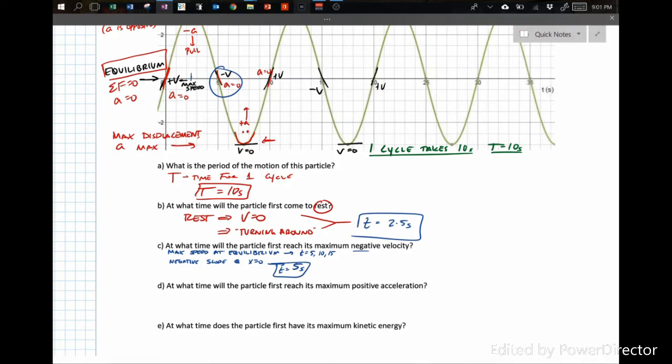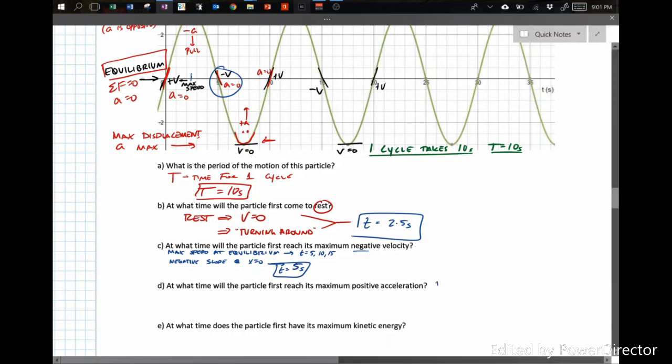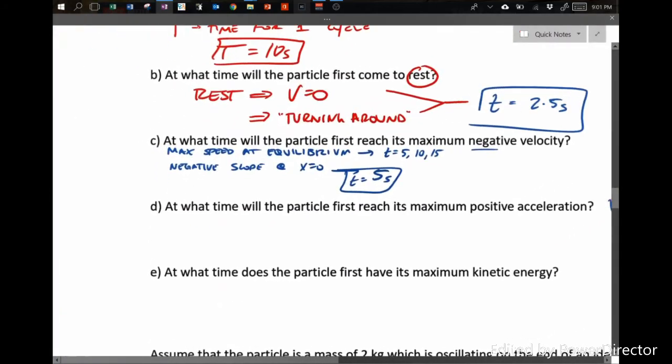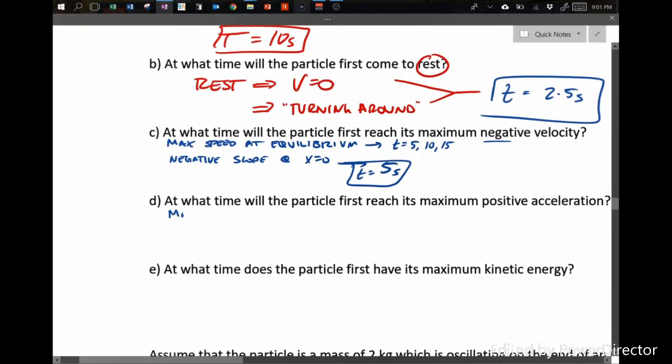At what time will the particle first reach its maximum positive acceleration? So positive acceleration is going to be concave up. And again, to reiterate a point, we get maximum acceleration at max displacement.